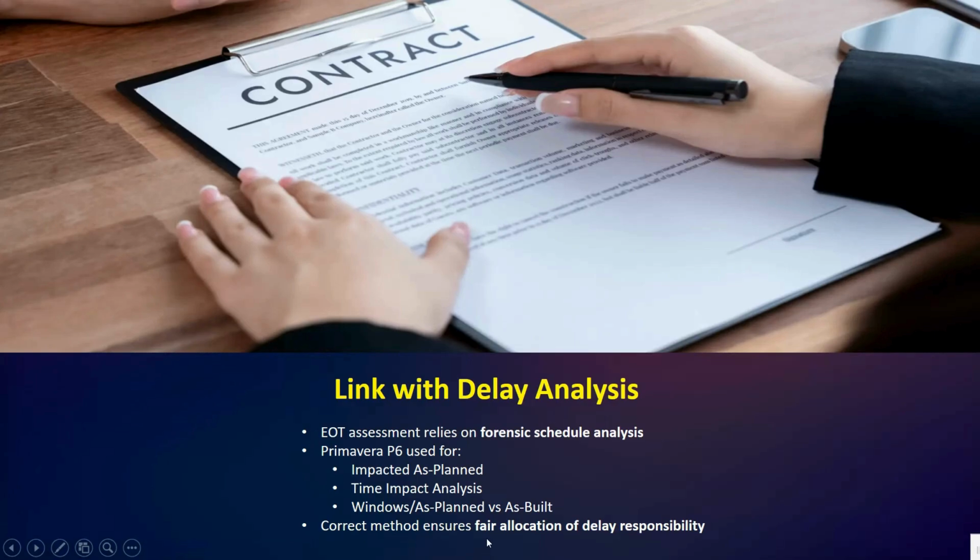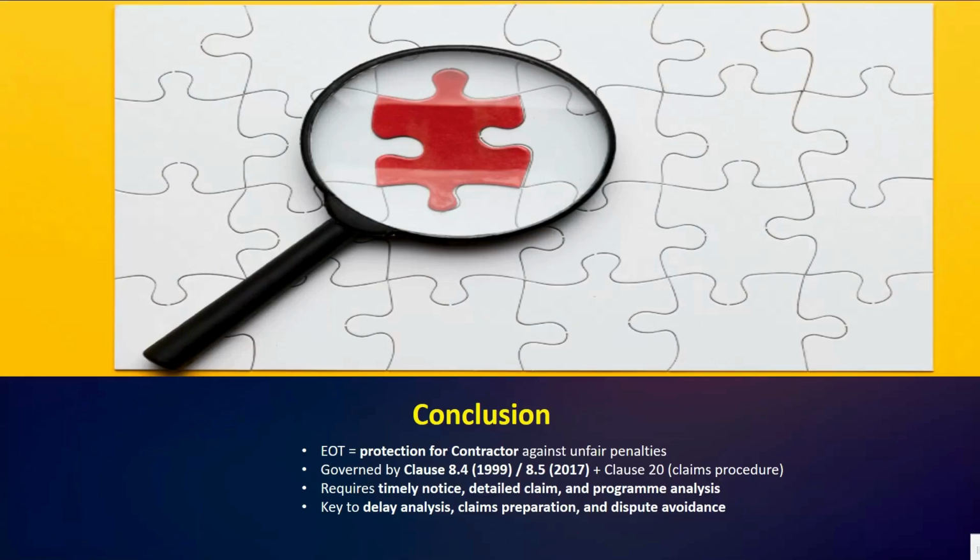The correct method ensures fair allocation of delay responsibility. So choosing the right method ensures that the responsibility for each delay is fairly allocated between the employer and the contractor. Understanding EOT also helps us to master professional delay analysis. I hope this is clear.